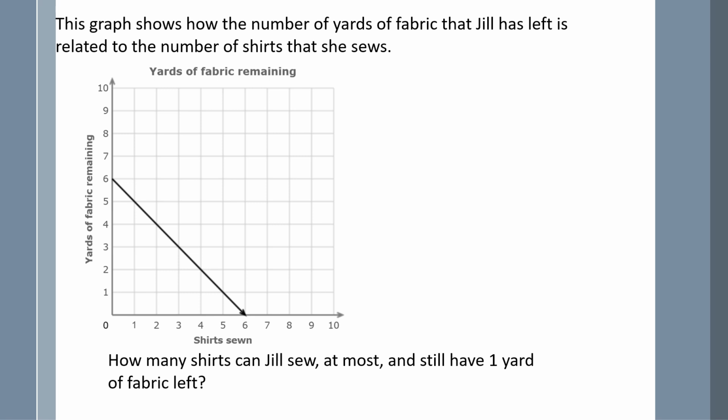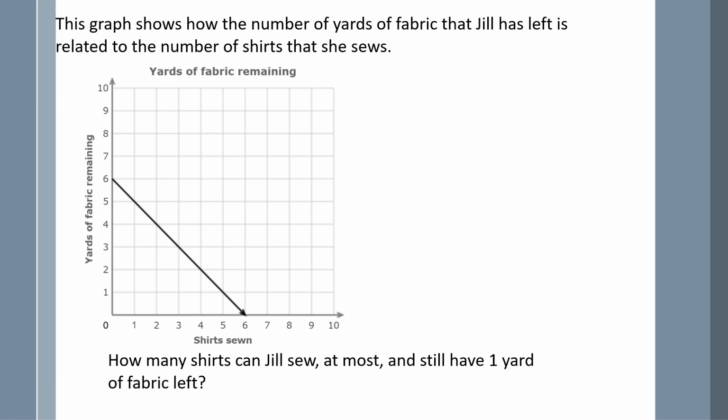This graph shows the number of yards of fabric Jill has left related to the number of shirts that she sews. How many shirts can Jill sew at most and still have 1 yard of fabric left?